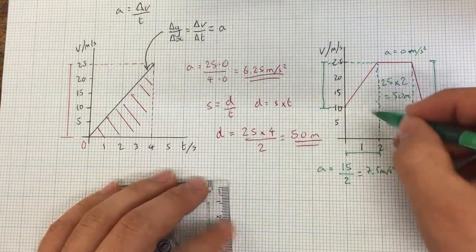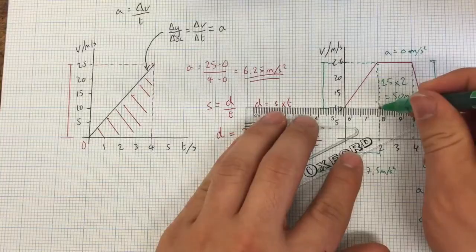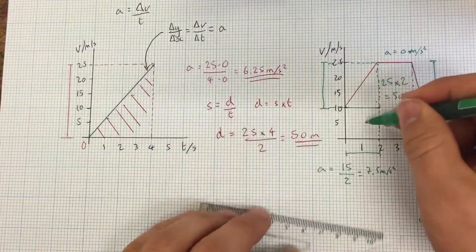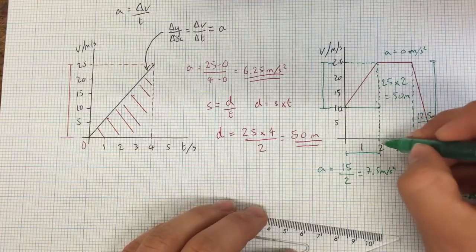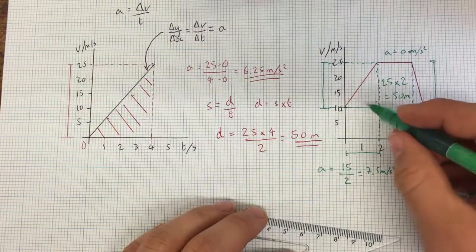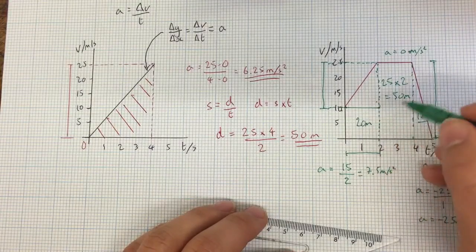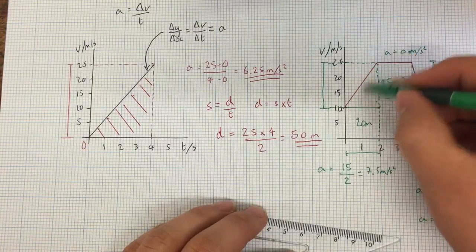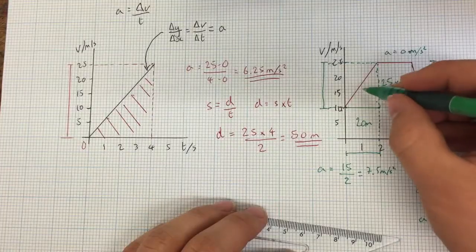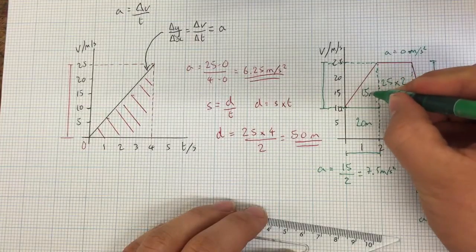And then I've got this part. Now what I need to do here is break this into 2 bits, a triangle and a square. So I have 10 times 2, which is 20 metres. And then for this bit I've got 15 times 2 divided by 2 because it's a triangle. So that's obviously just going to be 15 metres.